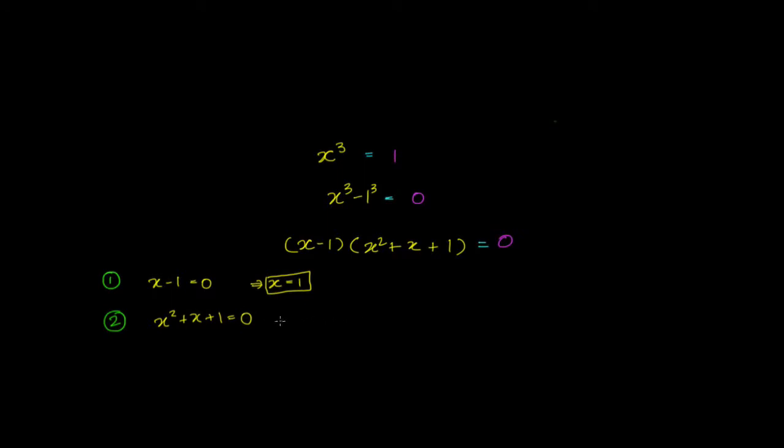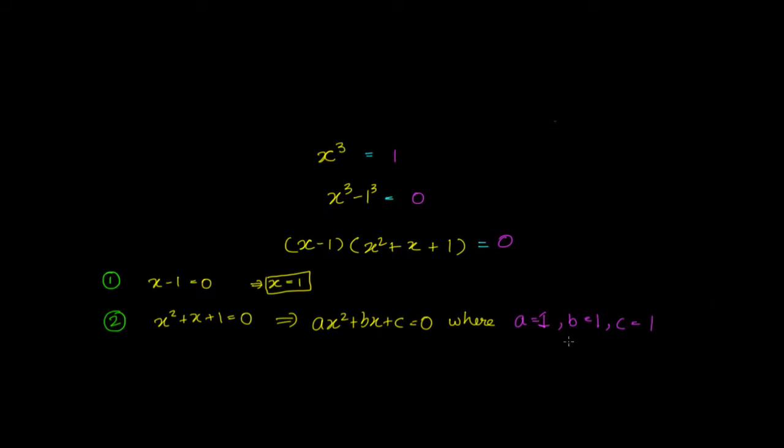Now this can be represented as ax square plus bx plus c is equal to 0, the standard form of quadratic equation, where a is equal to 1, b is equal to 1, and c is equal to 1 as well.